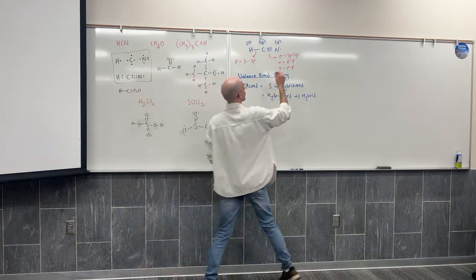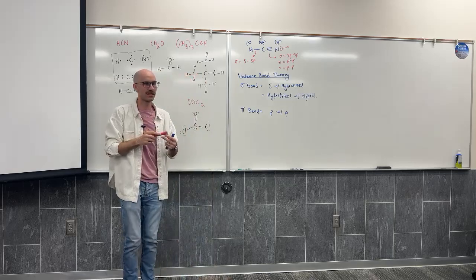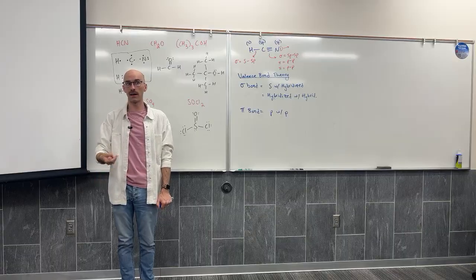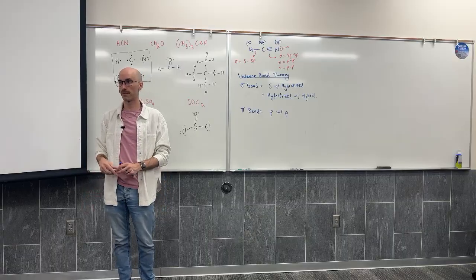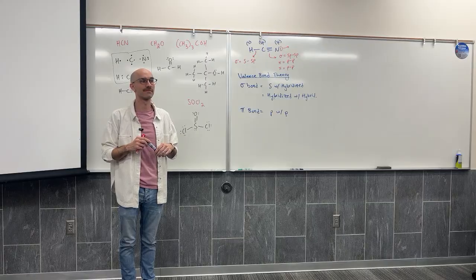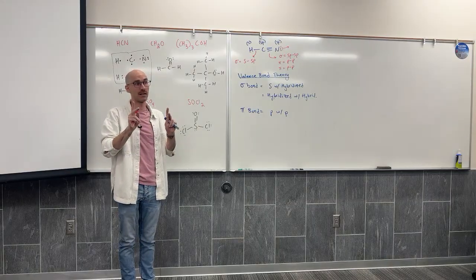Okay, how about this? What orbital does nitrogen's lone pair sit in? How can we describe nitrogen's lone pair? What energy would describe it? All of nitrogen's p orbitals are consumed.